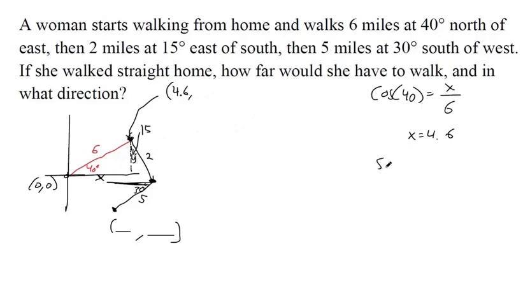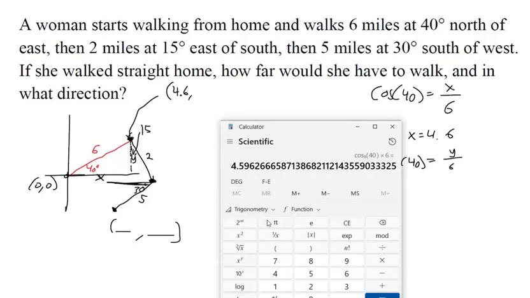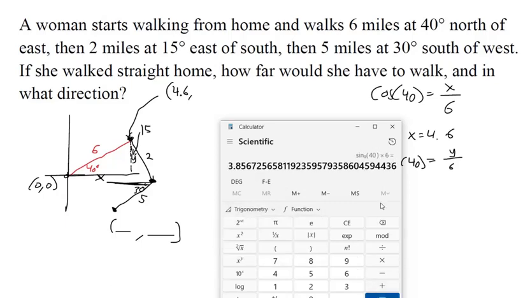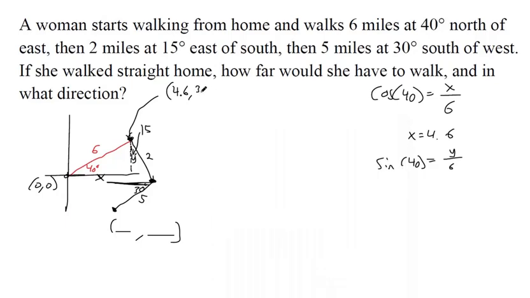So that's sine. Sine of 40 is the opposite divided by the hypotenuse. So in our calculator, we'll figure out what sine of 40 is, and then multiply that by 6. That's 3.85. So 3.86, we'll say. 3.86 for the y coordinate.